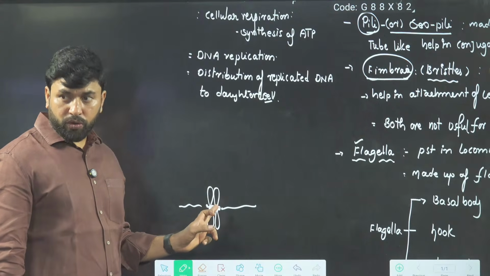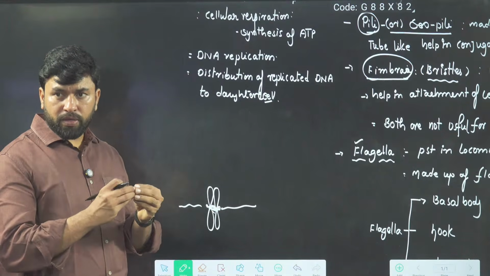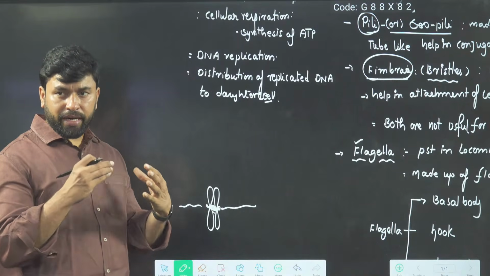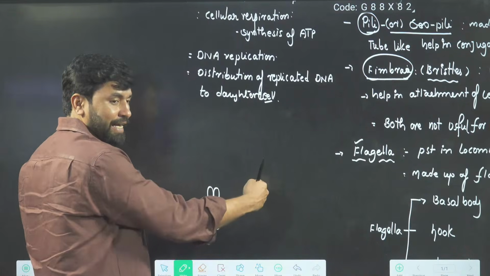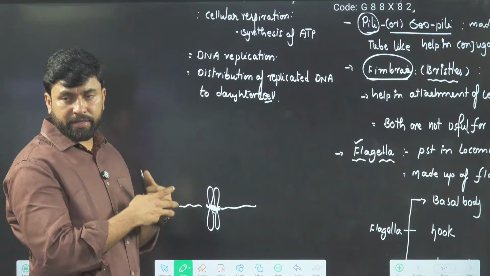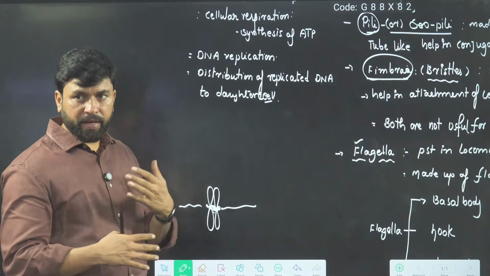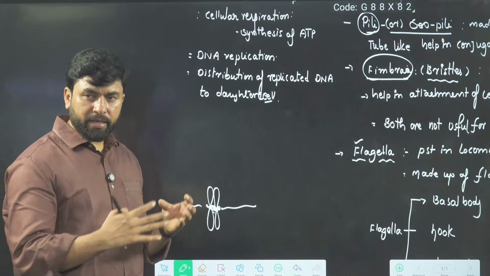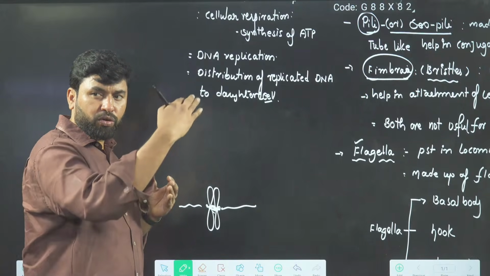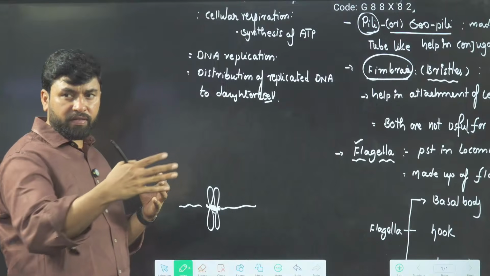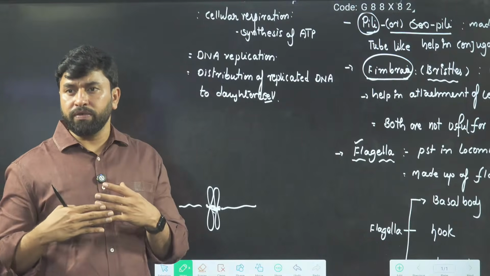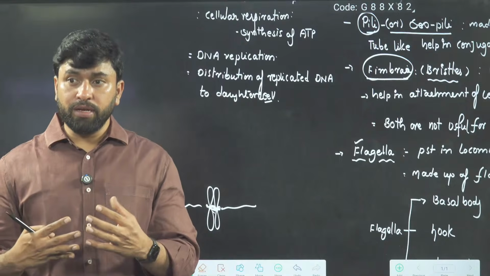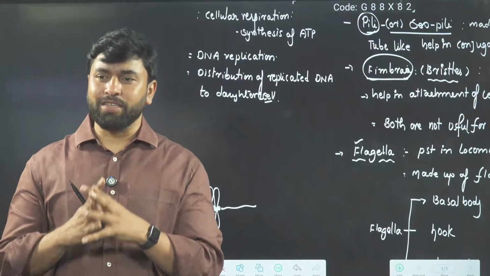For both kinetochores, opposite pole spindle fibers will come and attach. During the anaphase, they will drag these two chromatids away from each other. As a result, the centromere splits, chromatids separate, and each chromatid will move to the opposite pole. As a result, distribution of the DNA that was replicated during S phase is possible in the eukaryotic cell.